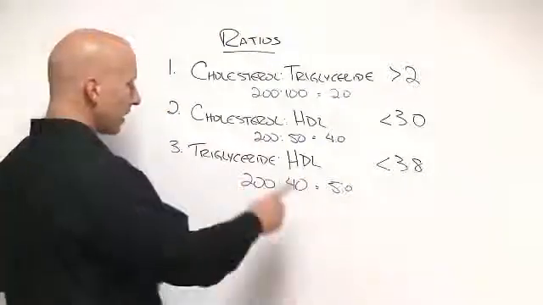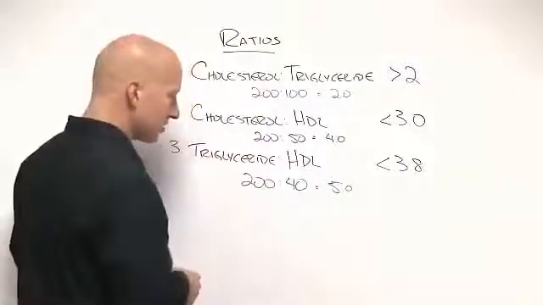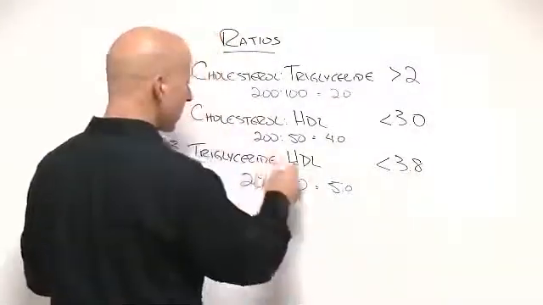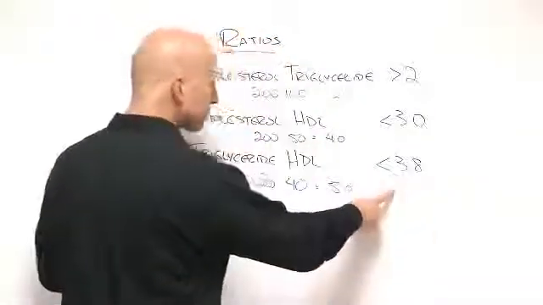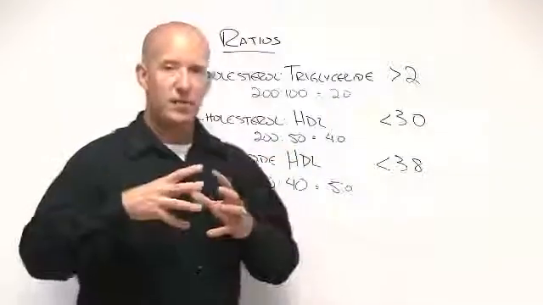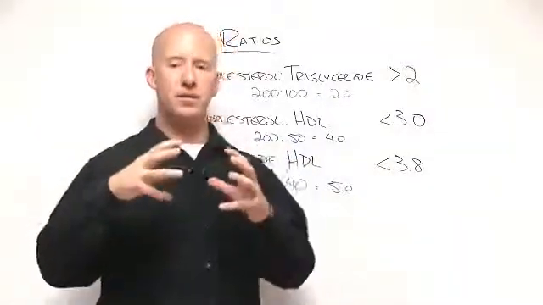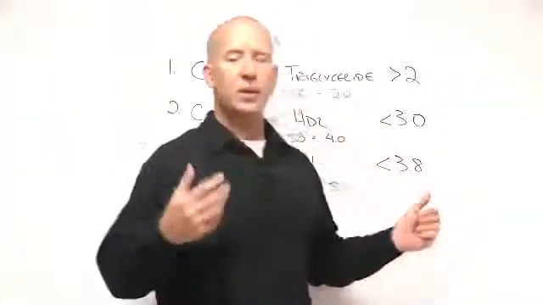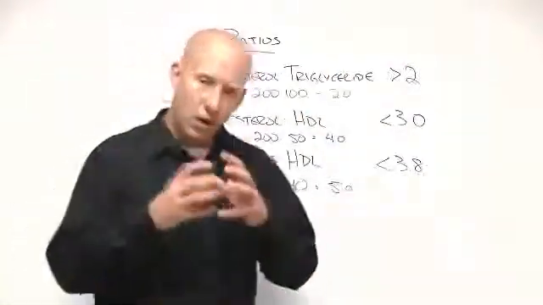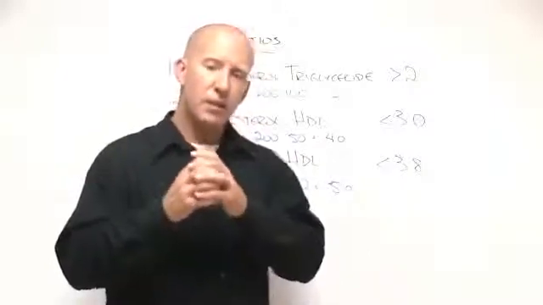In other words, if the triglyceride-HDL ratio is less than 3.8, they are thought to have the larger, more buoyant, more protective LDL particles. The more above 3.8 it is, the smaller and more dense the LDL particle size.